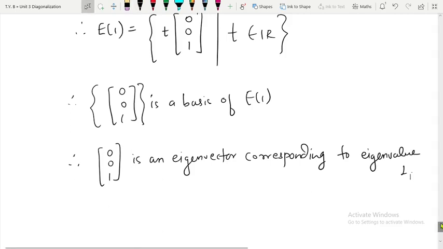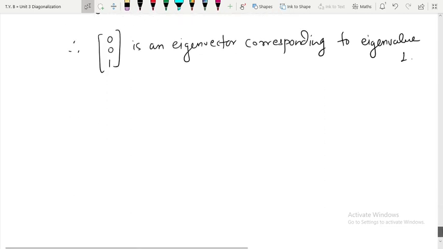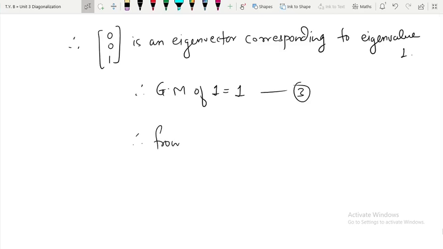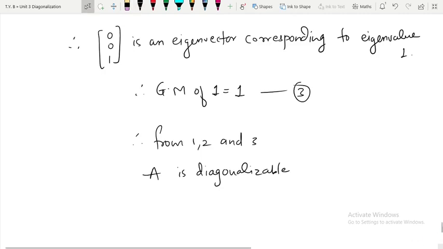So now the question is how to find a non-singular matrix P. Therefore the GM of 1 is definitely 1, I'll call it 3. Therefore from 1, 2 and 3 we can say that A is diagonalizable, because AM of each eigenvalue is equal to GM of each eigenvalue.